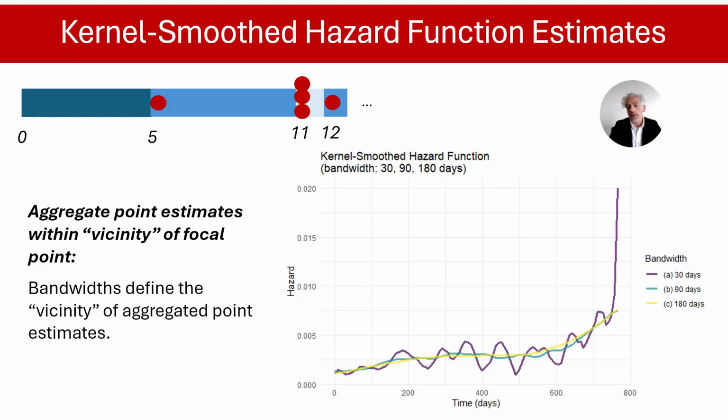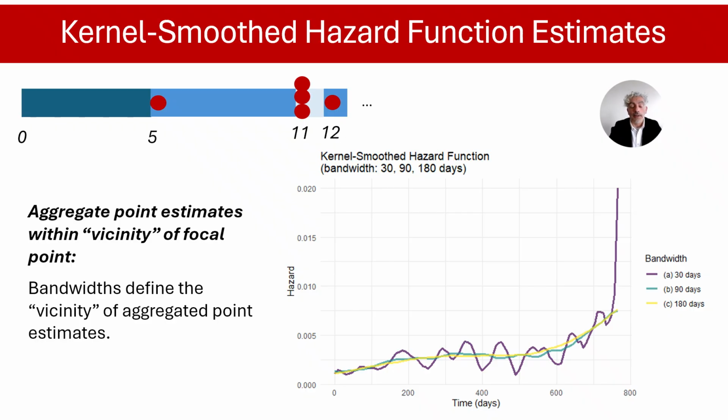But while we may like the smoother lines, we also need to consider that widening the bandwidth introduces more bias. If we take the estimated hazard at 35 days, in the first 30-day bandwidth, this value represents the average population hazard between 5 days and 70 days.